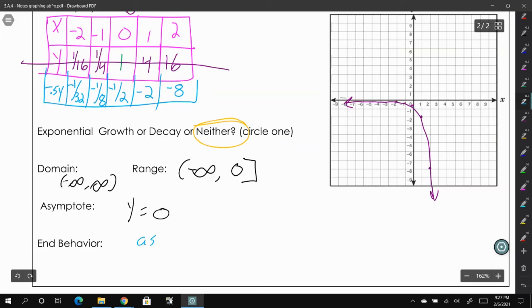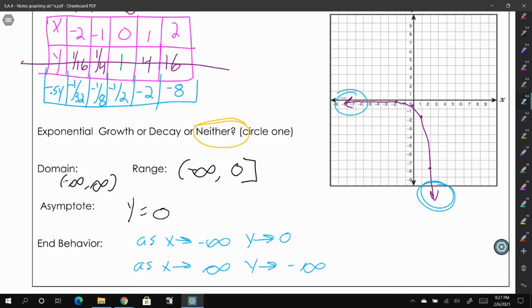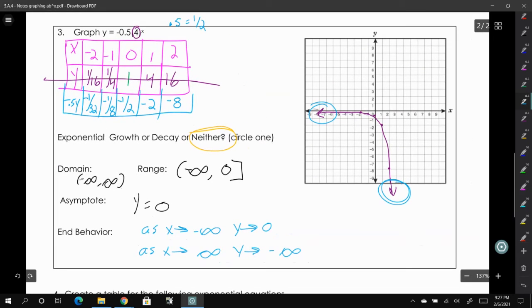And end behavior, as x approaches negative infinity, the y values are getting closer and closer to 0. And as x approaches positive infinity, y approaches negative infinity. The right side has the arrow going down. So that's why the right side is going towards negative infinity.